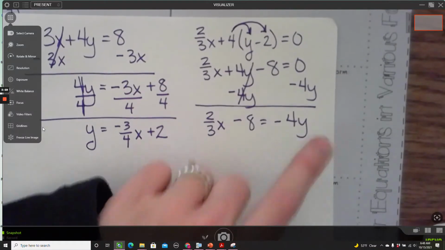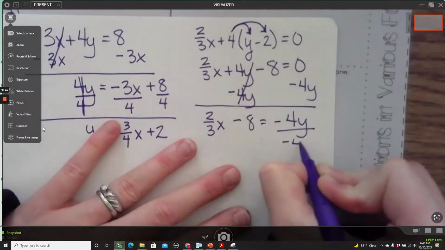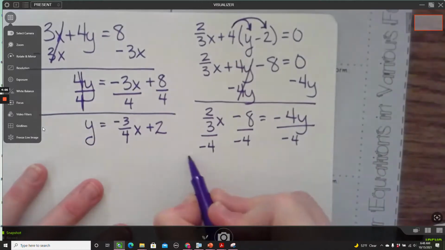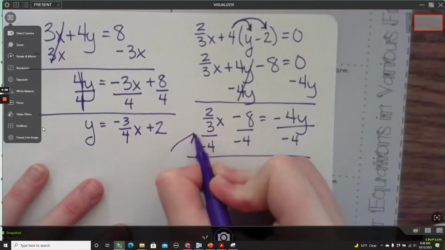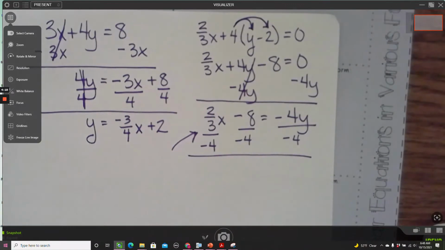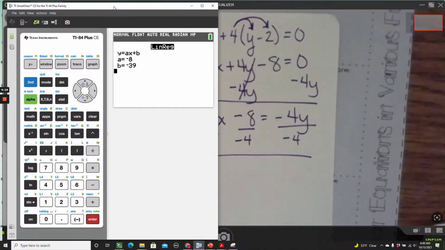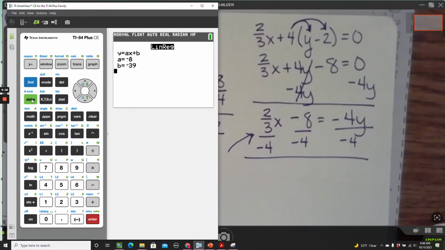Then I want y by itself, so I'm going to divide everything by -4. I've got a pretty odd fraction division problem here, so I'm going to do it in my calculator. Always use that calculator. It's a good tool that you have been given to use.